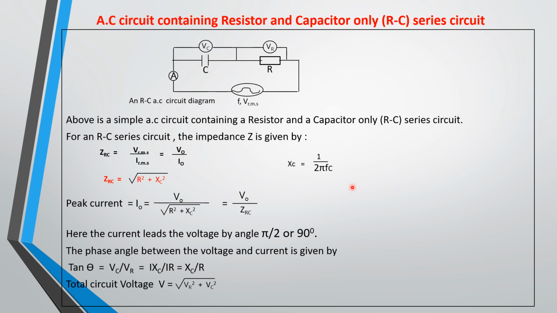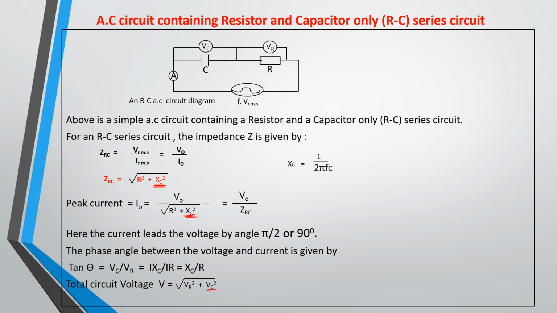In this circuit arrangement, you have a resistor and a capacitor connected in series, just like the inductor-resistance arrangement. If you look at the equations, they look very much alike. The only difference is that you change the inductive reactance to capacitive reactance.